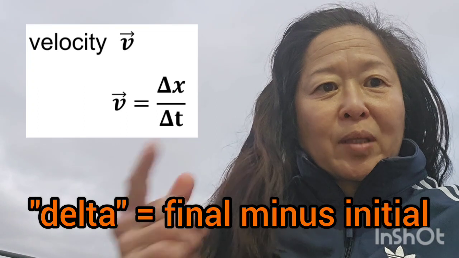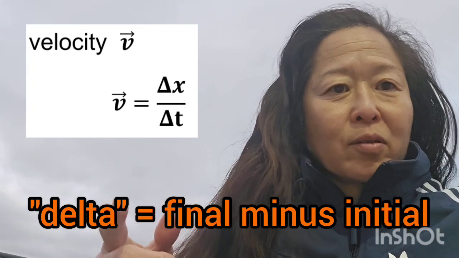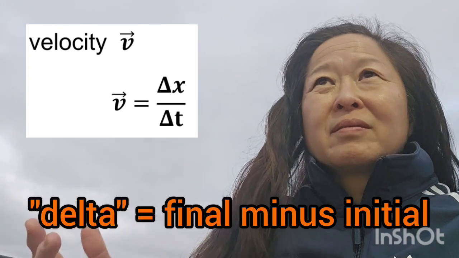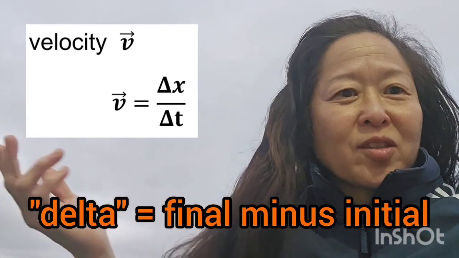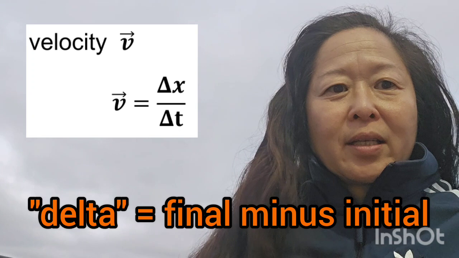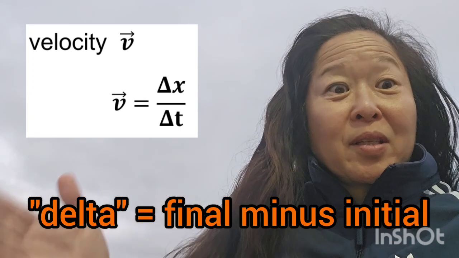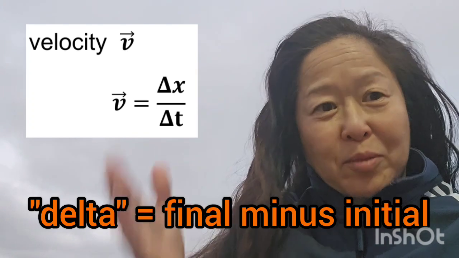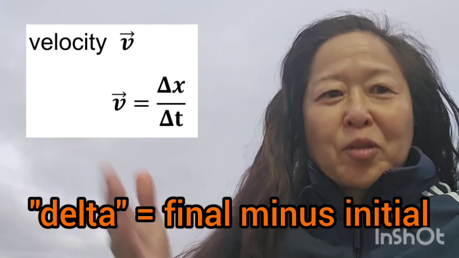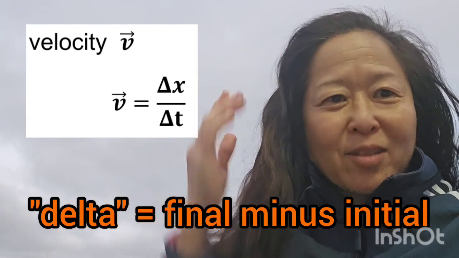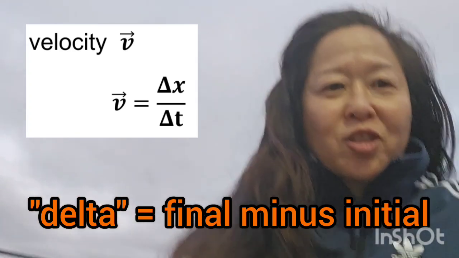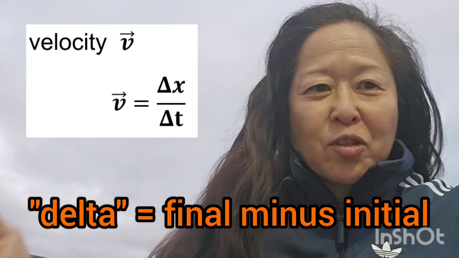The same thing applies to delta t for the change in time. You could say, isn't the time just the time that's gone by? In most cases, yes, because if we take the final time and subtract the initial time, most people would start time at time equals 0 seconds, so the change in time would just be whatever time you stopped at.